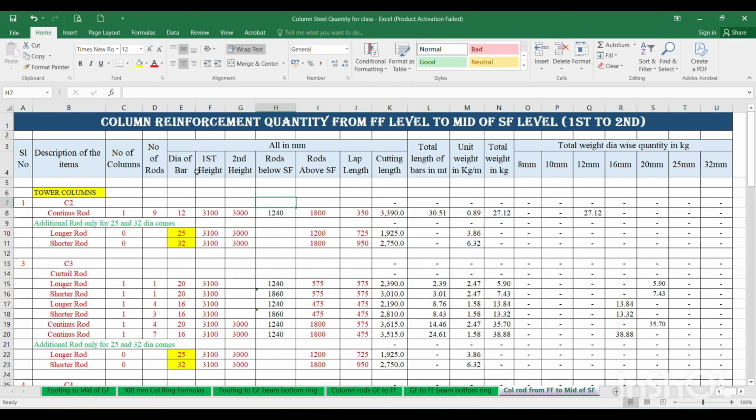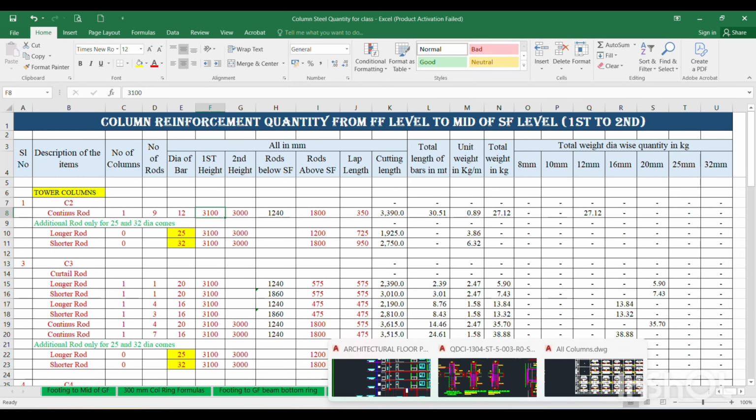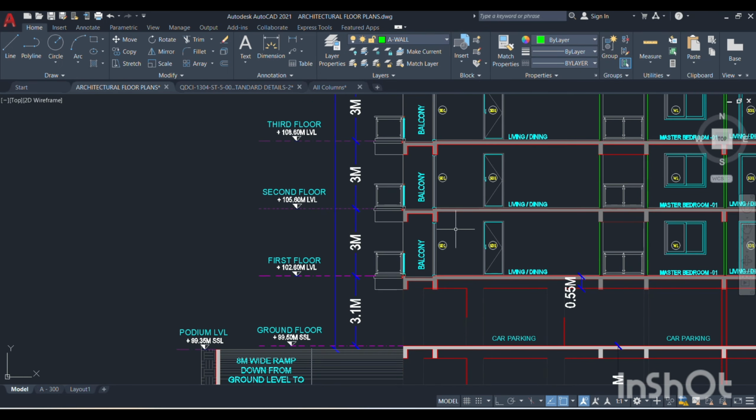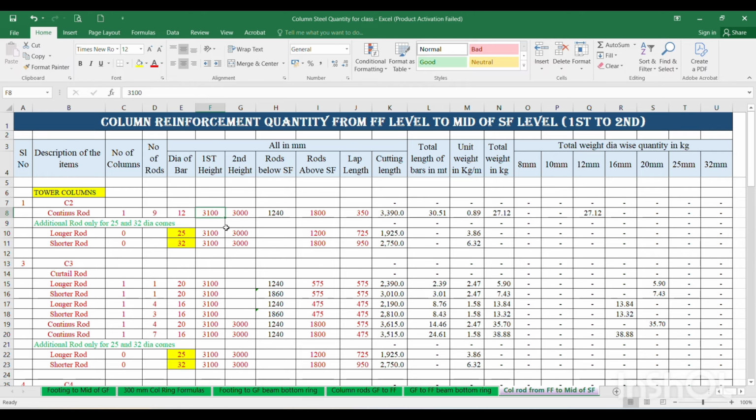So here after C2 column continuous rods, column number 1, 9 number of rods are going here, and dia is 12, and this first floor height is 3100, but you have to check the first floor height is 3 meter, and second floor height also 3 meter. This is available in our architectural drawing. Okay, you have to go as per this architectural drawing.